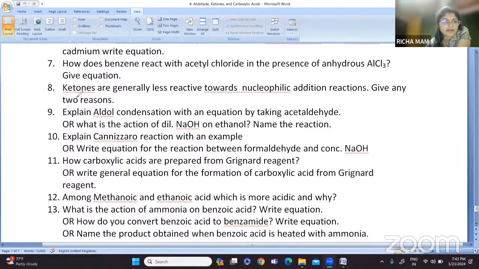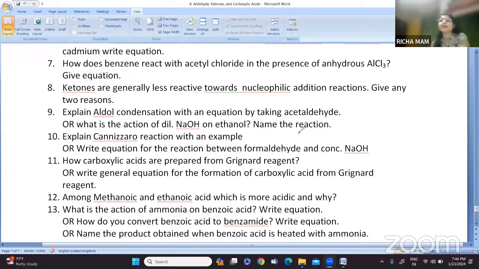Good. When an aldehyde which does not contain alpha hydrogen reacts with concentrated alkali like sodium hydroxide, a strong alkali, it undergoes self oxidation as well as reduction.